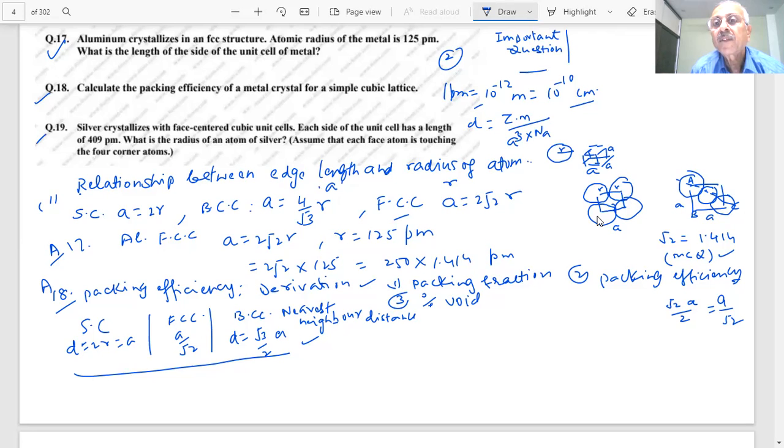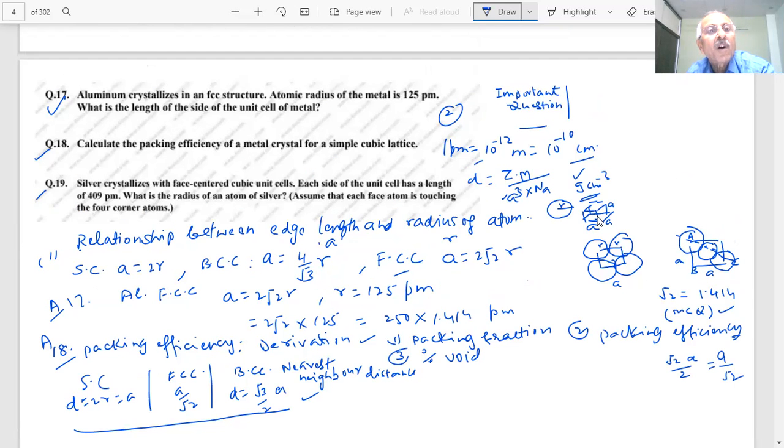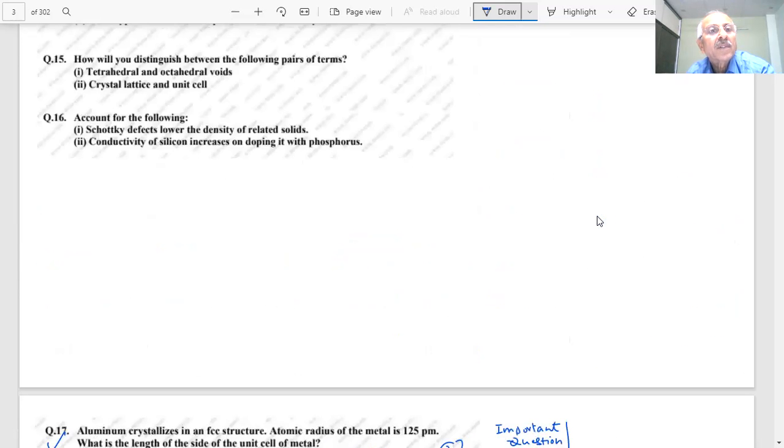This M is the molar mass. So why I give this, because the a dimension he will give you in picometer, but density you are finding in gram per centimeter cube. See, the units will be important in such cases. Conversions will be required. So we have to be careful of the units, student.